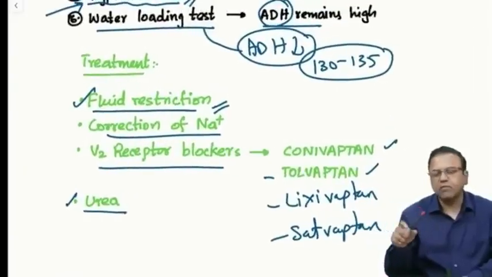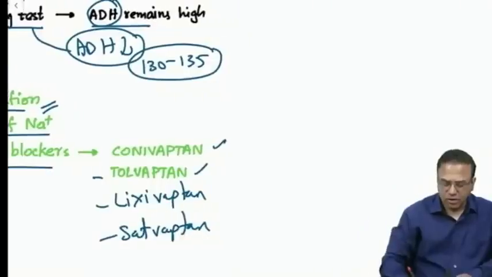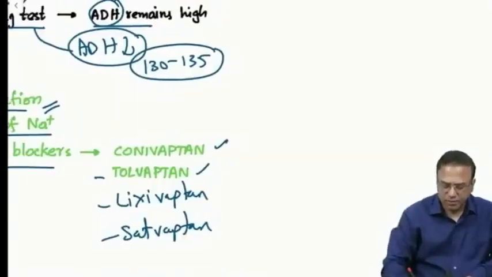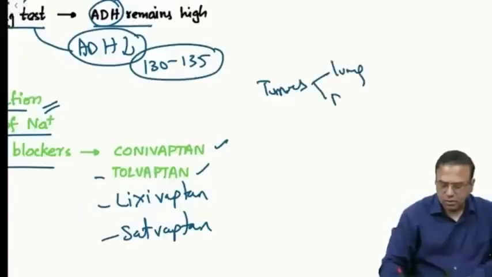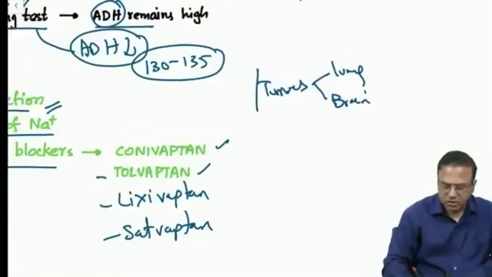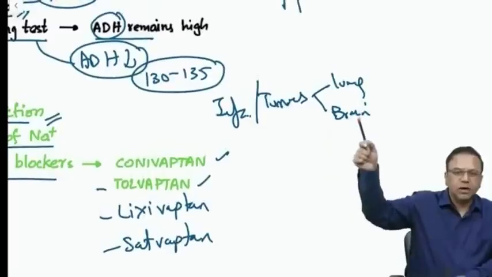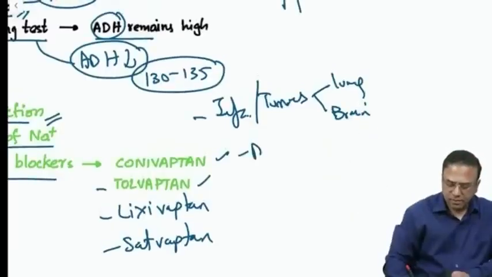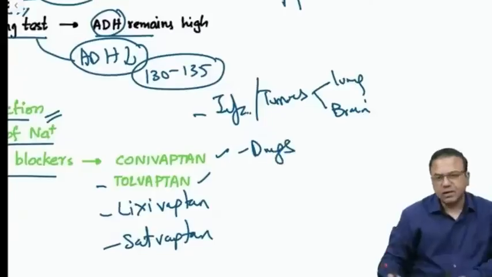The list is so big for SIADH, but broadly you should understand that for SIADH you have tumors of the lung and the brain, central nervous system, also infections in this area. Then you have some drugs which are associated with SIADH.